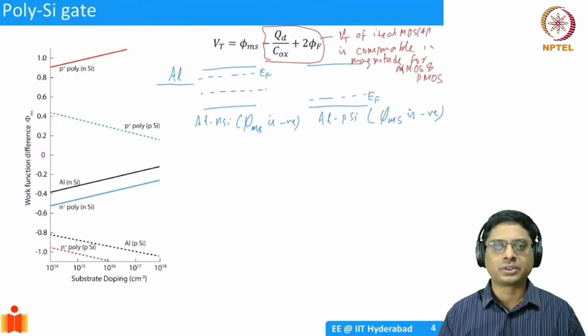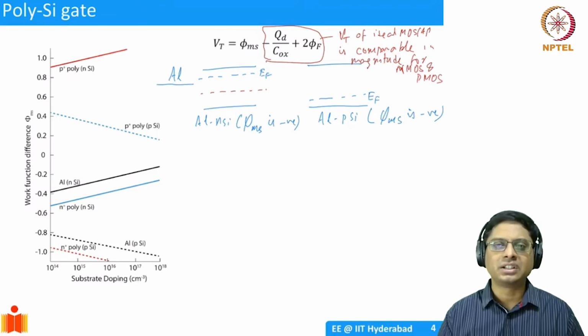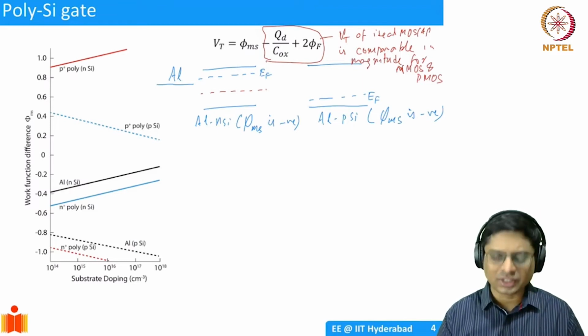Why? Take a substrate of similar doping, 10 power 15 P-type, 10 power 15 N-type, and you compute the VT. It will turn out to be the same.